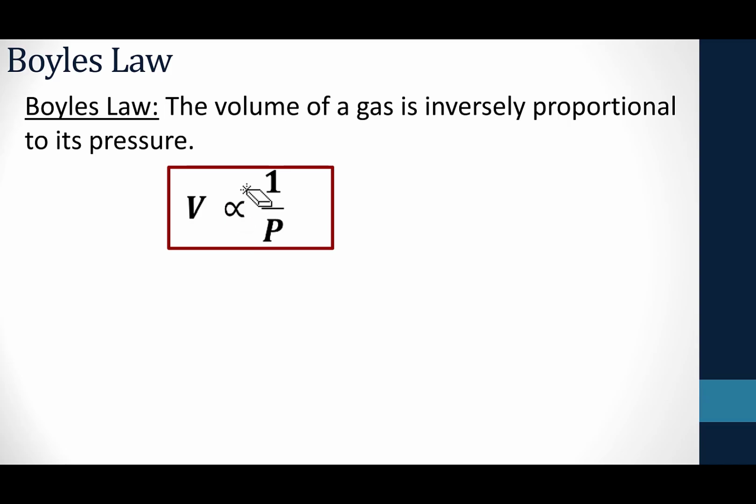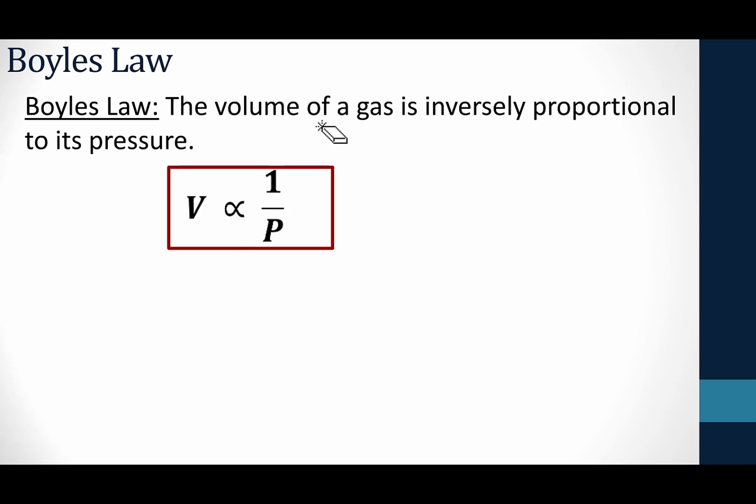When we say that the volume is inversely proportional, remember the inverse of anything: if we have x, the inverse of x is 1 over x. We just flip it. So when we say proportional to the inverse of pressure, that's just the symbolic representation of this statement.